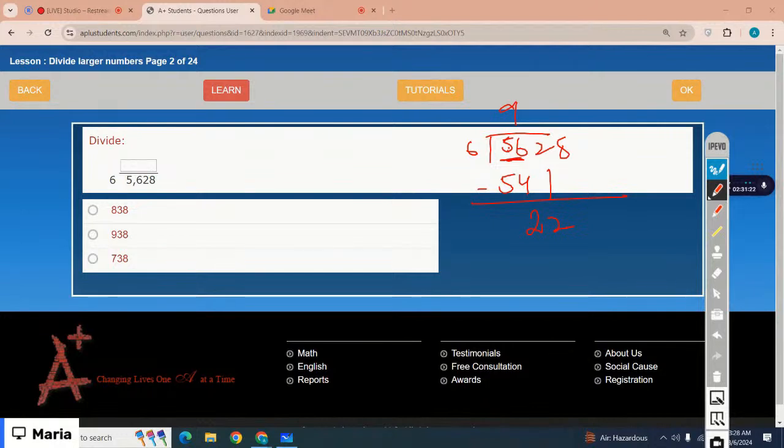Now you need to count 6 until 22. So which is the correct option? 6 times 3 is 18 and 22 minus 18 is 4. Now bring the last digit down. You need to count 6 until 48. So 6 times what number is 48? 6 times 8 is 48.